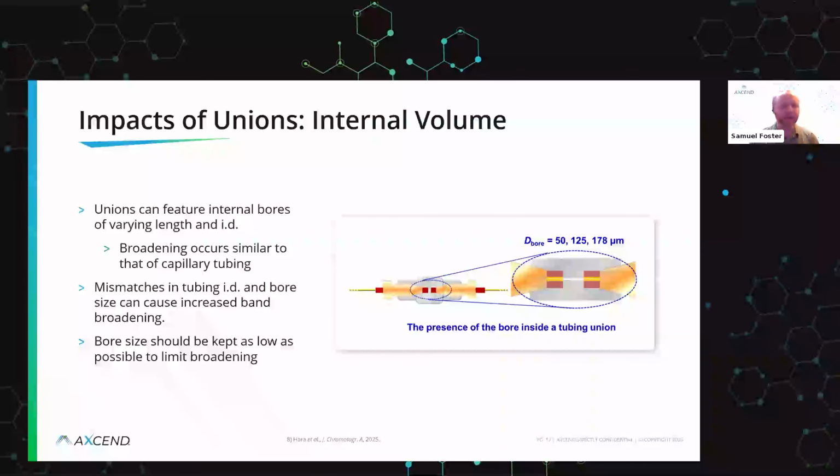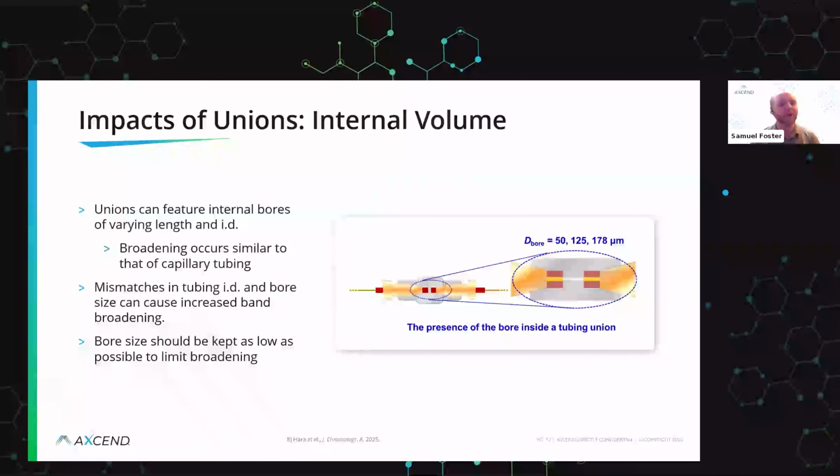That being said, as we talked about with the mismatch of inner diameters, you want to try and keep that bore size as matched to your system as possible. So if you're using 25 micron ID tubing, you want to use a 25 micron ID bore. If you're using 50 micron ID tubing and you have 25 micron ID tubing on either side of it, you may see some increased peak broadening because of that mismatch of inner diameters.